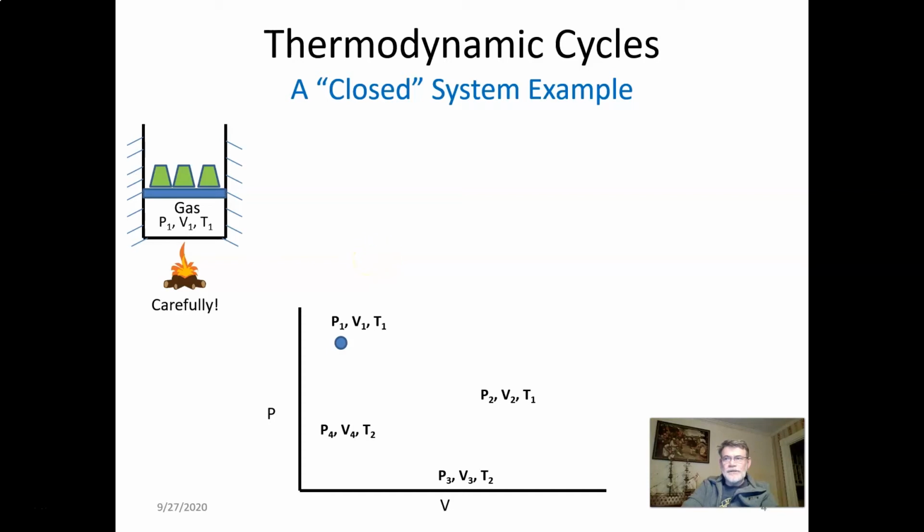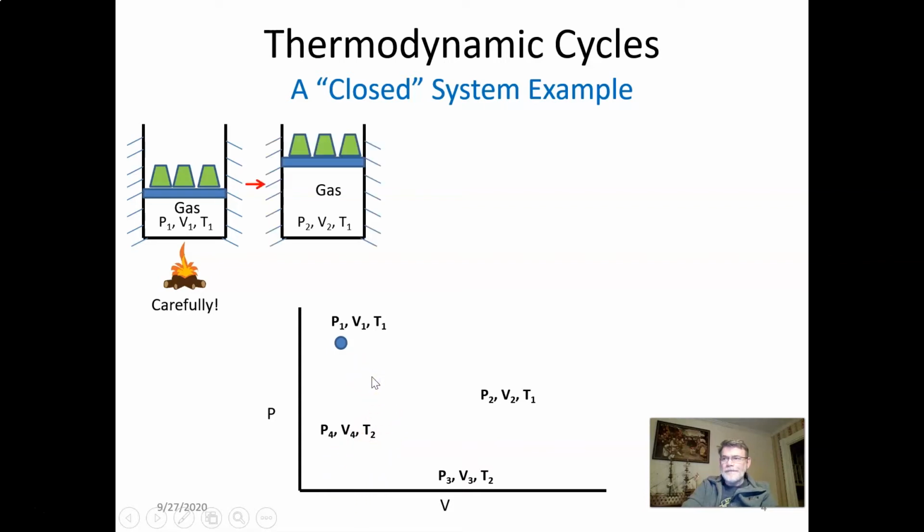Initially we are in the first state, P1, V1, T1, at high temperature, high pressure. You can see it's the highest pressure we have here, and low volume. The first process performed on the gas is an isothermal expansion.